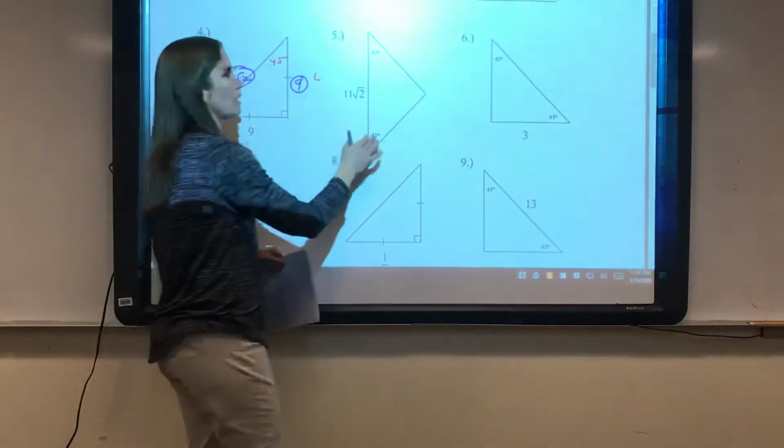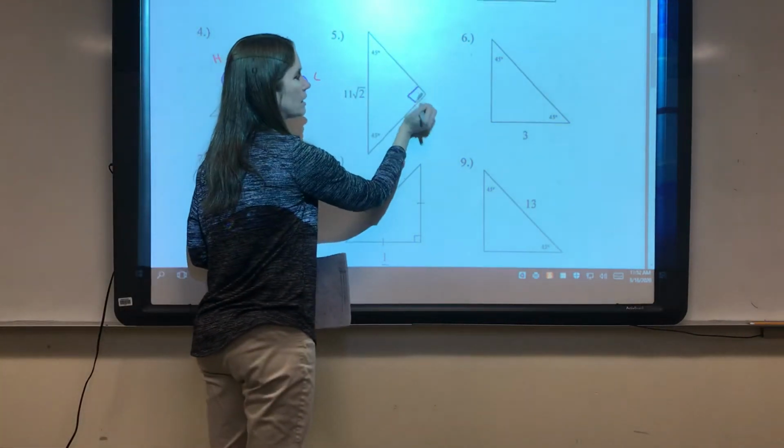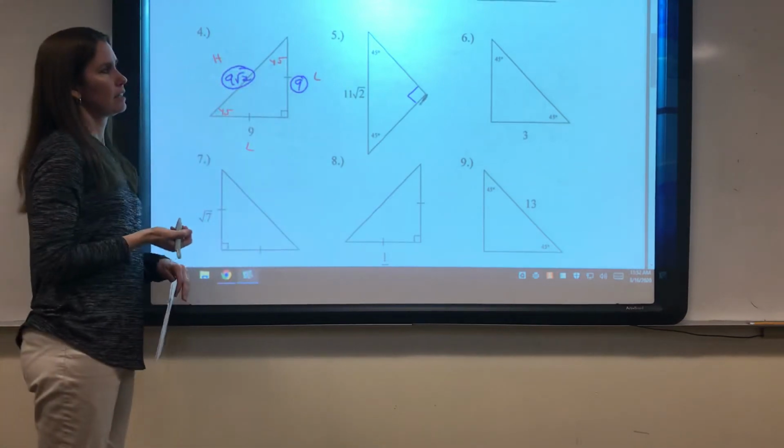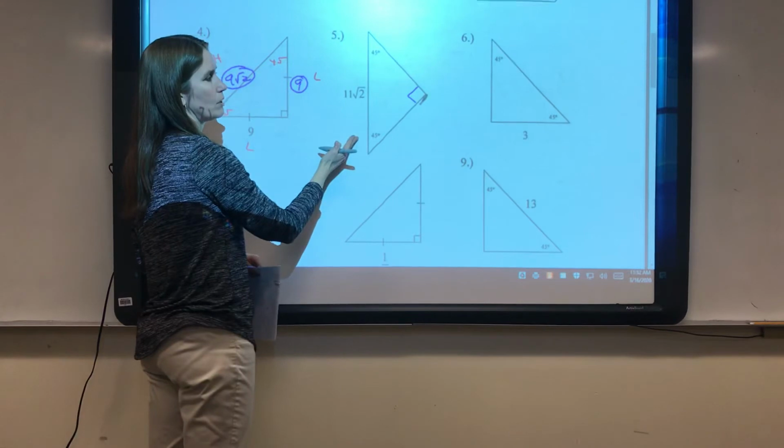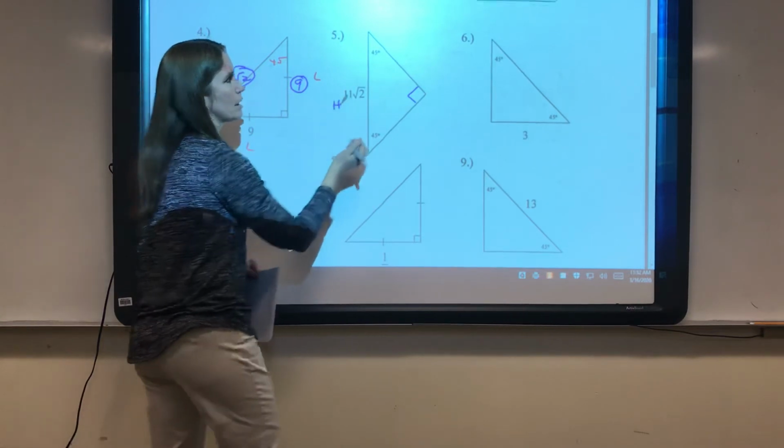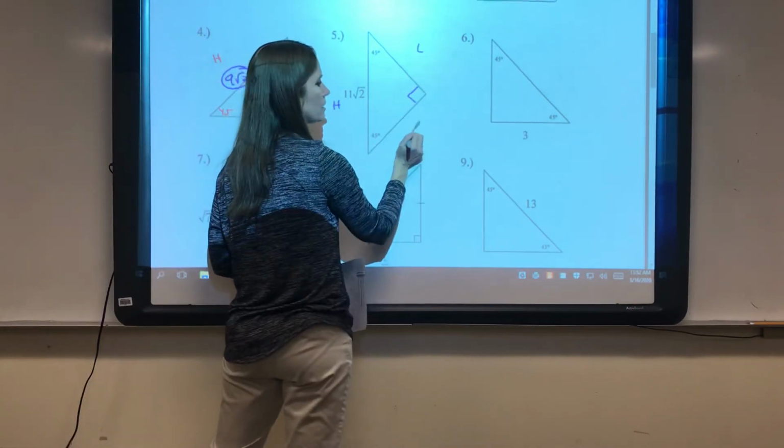All right, on this one I've got 45, 45, 90. And again, across the right angle is 11 square root of 2, and it is my hypotenuse, and I am trying to find my two legs.